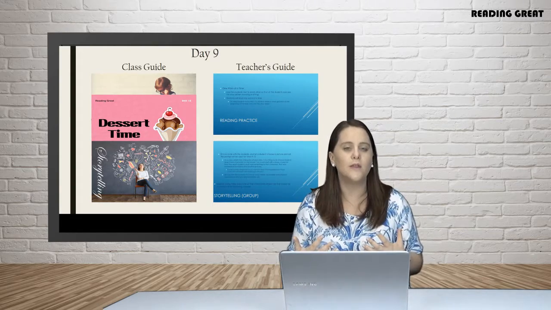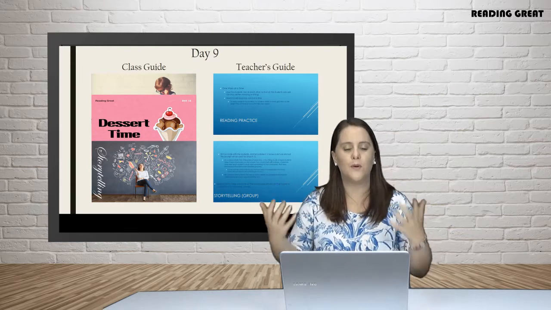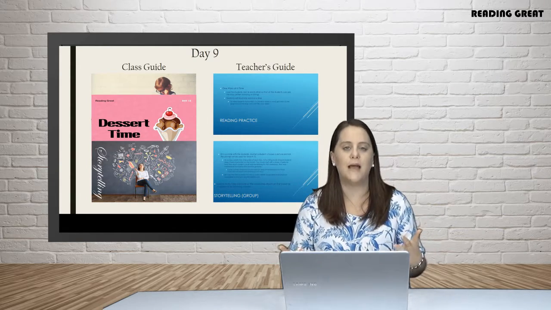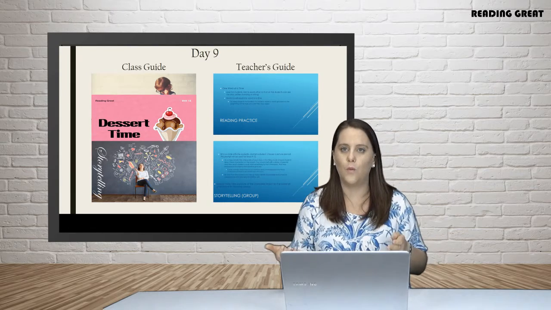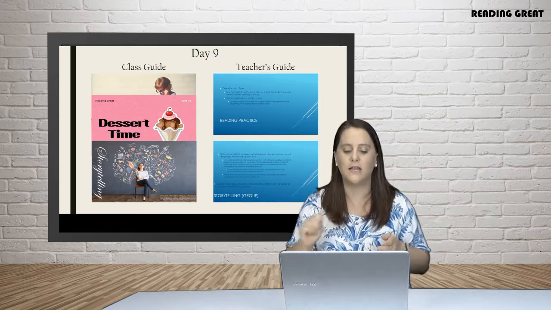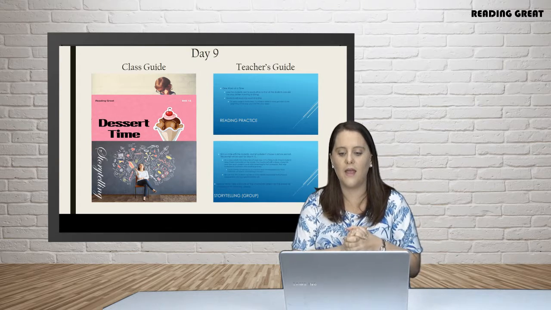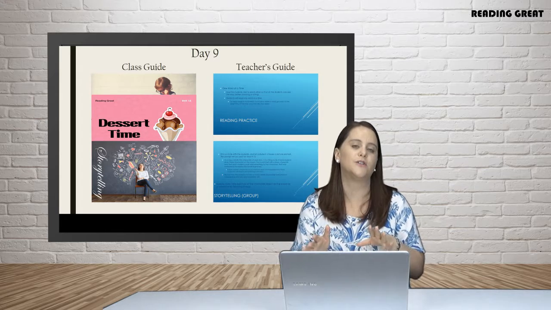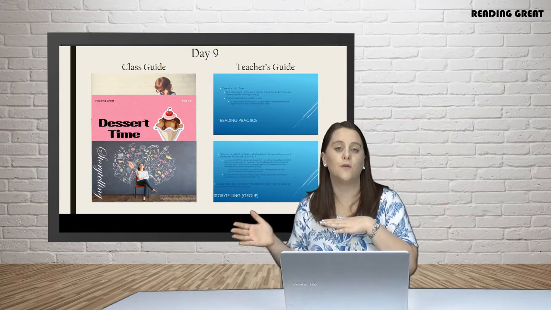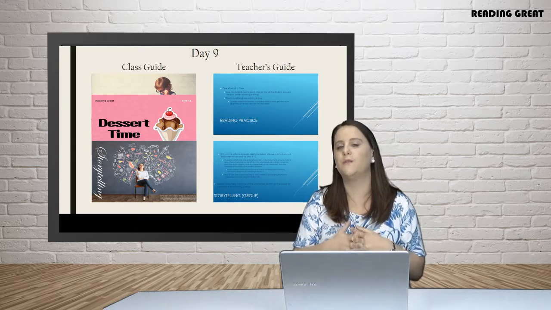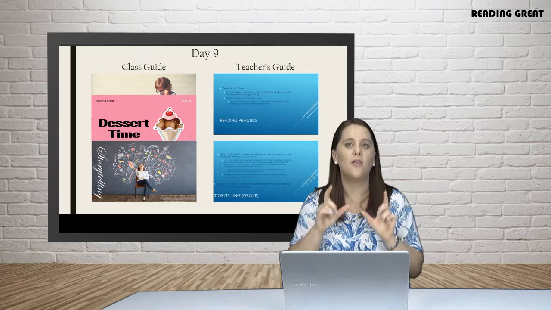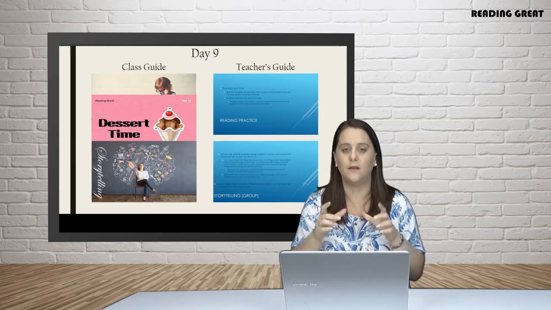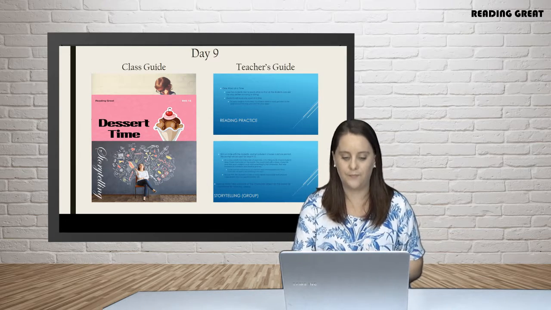They might struggle with this, but really try and push them to use their imagination. Even if they don't know the word in English, if they can draw it, let them draw it. Then save these characters for the next few classes. That's what you're going to be focusing on this day, the characters that they're going to use to go with that picture prompt that they chose earlier in the day.